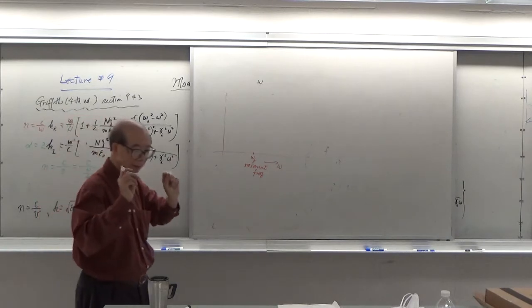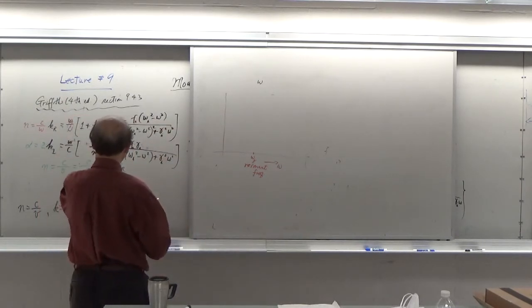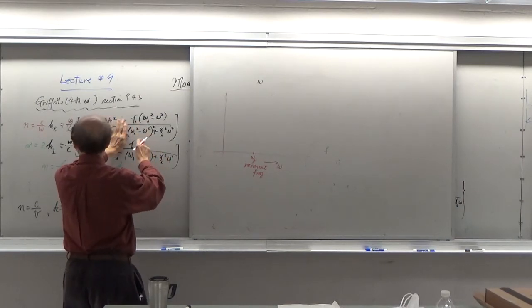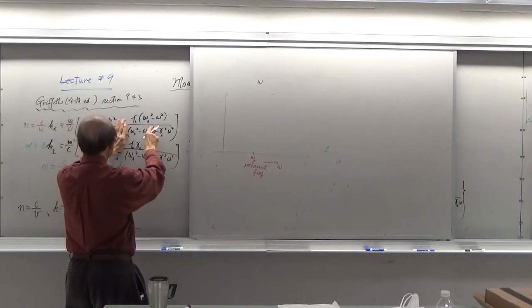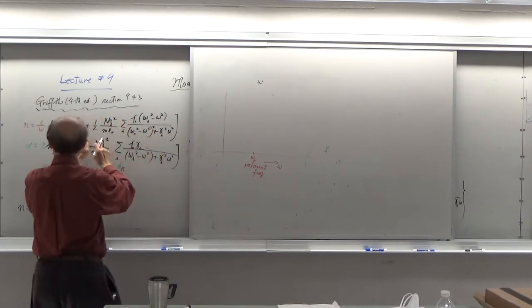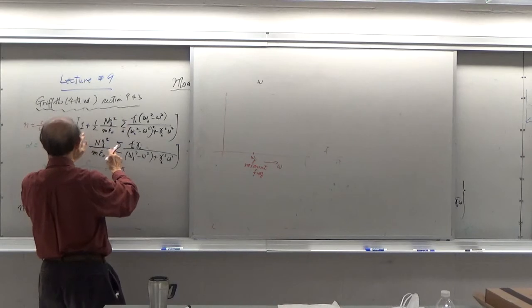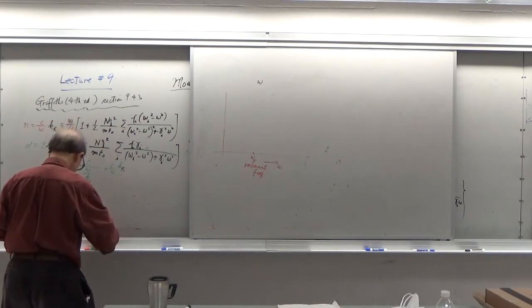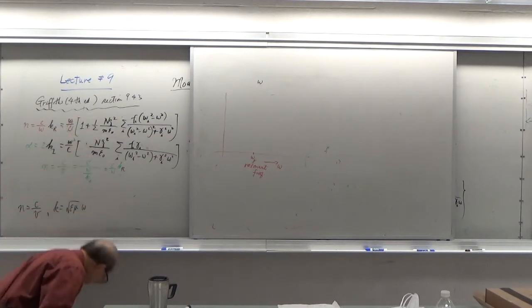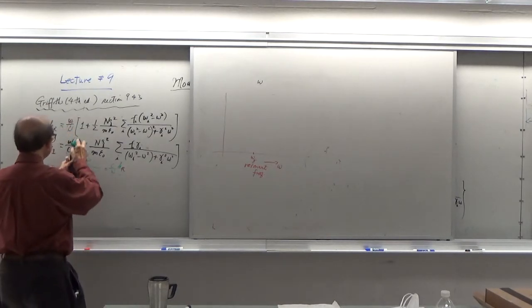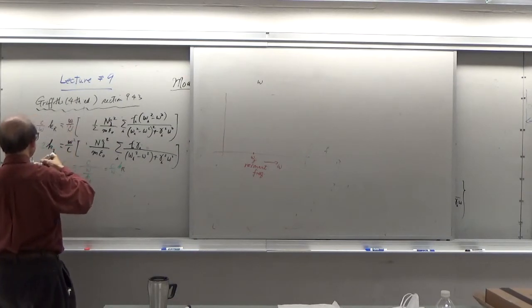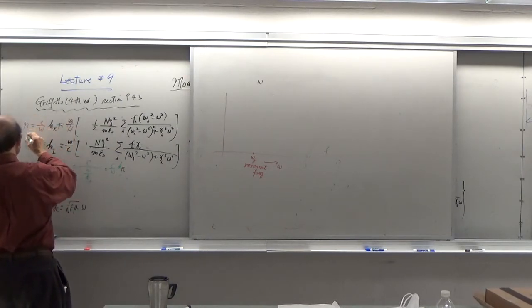I'll come back to this one. Just keep the jth term, and you can see that. Let me put this n, the 1, to the other side, so that's n minus 1. So this is n minus 1.